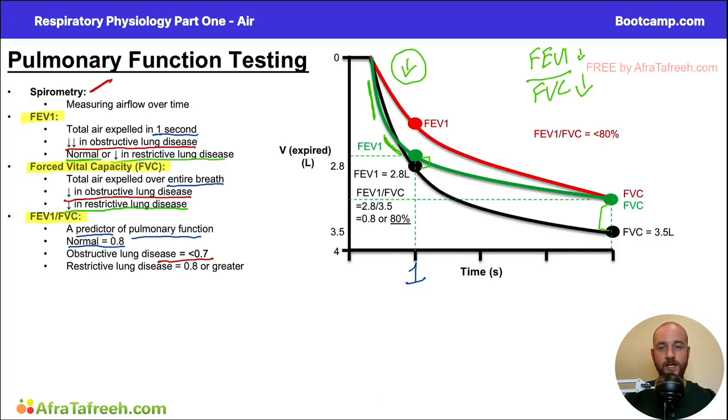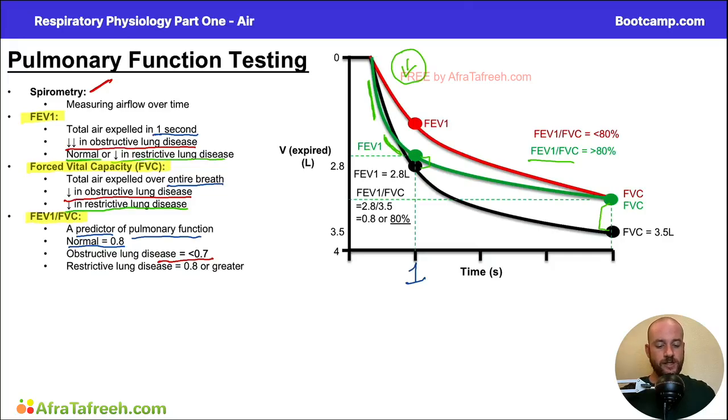And so because the denominator is actually decreasing more than the numerator, this ratio can actually be elevated. And so we say that the FEV1 to FVC ratio is usually greater than 80%, however, it can also be 80% as well. So in restrictive lung disease, the ratio is going to be normal or greater.